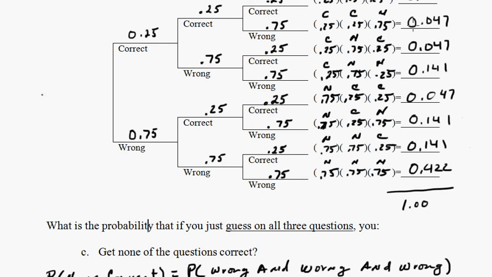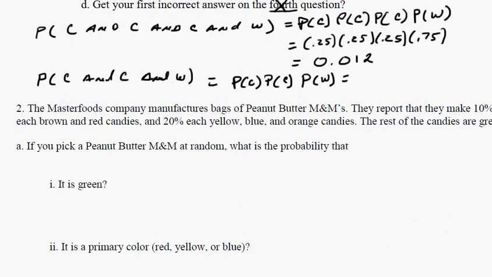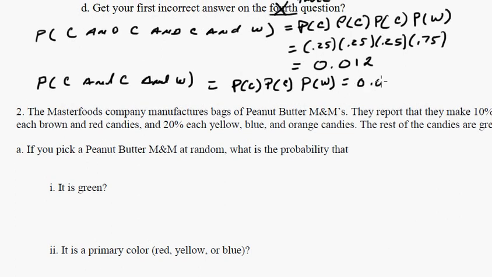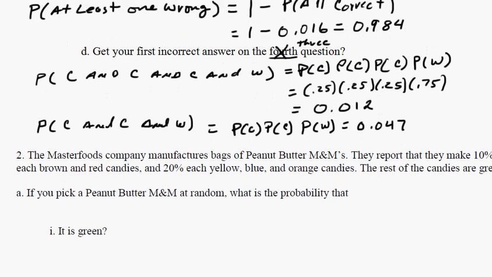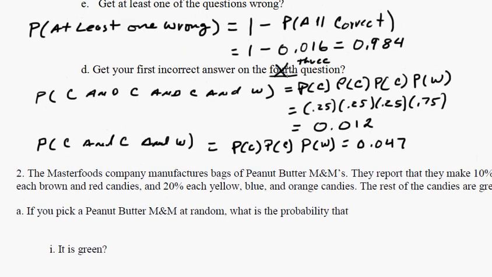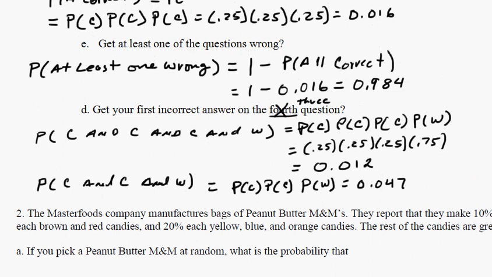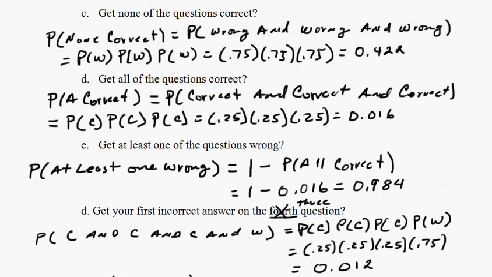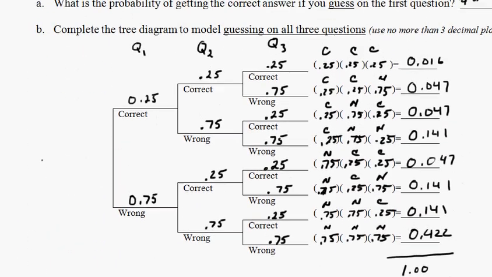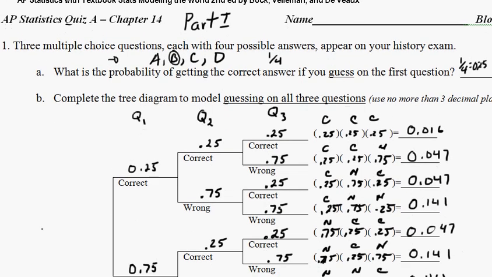So 0.047. Okay, and then some people said they called this 0. So there were a couple other interpretations. So okay, that's part 1. That's page 1. I'm going to stop the video and then restart it back up.